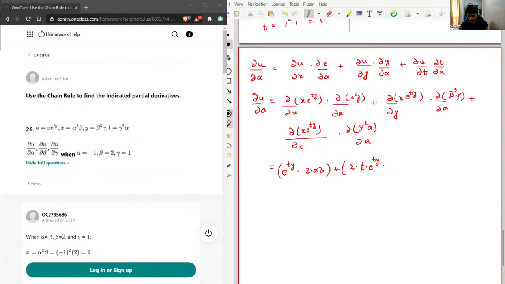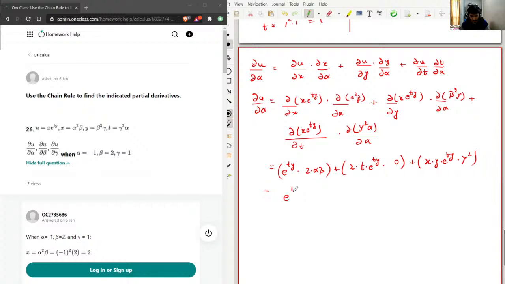And now for this one we do not have any alpha, and beta and gamma are obviously going to be treated as constant, so we'll have 0 here, plus for here also we'll do the differentiation with respect to t, and y and x are constant here, so I'll write x times y times e power ty, and here alpha, so this will become gamma square.